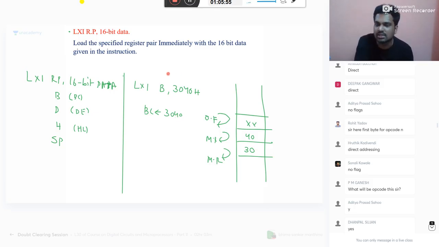Later, you may use this as an address. That is a different case. So now your C will be 40 and B will be 30. Okay. So this is what happens for LXI.